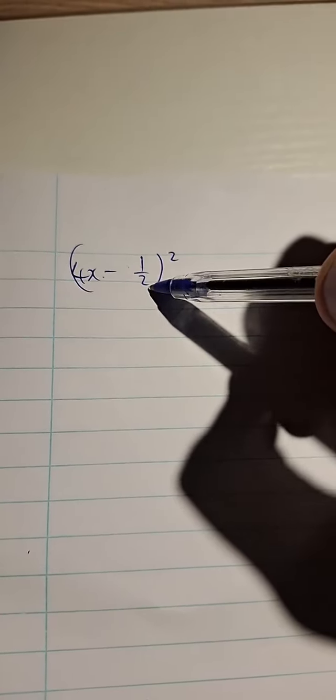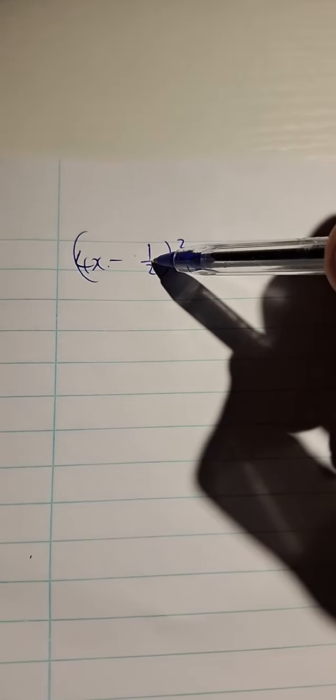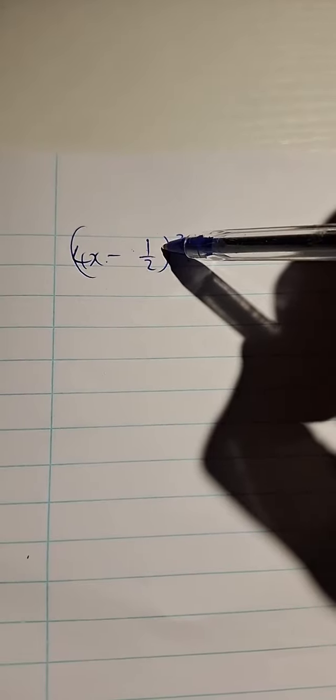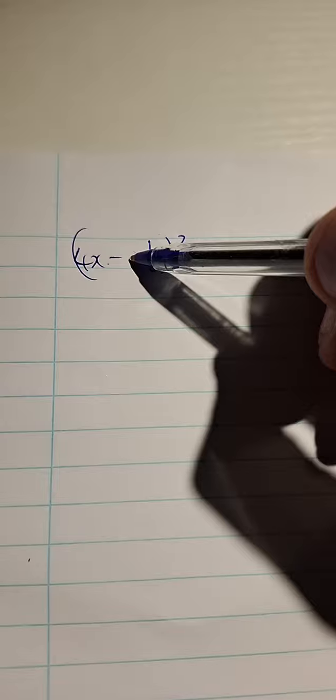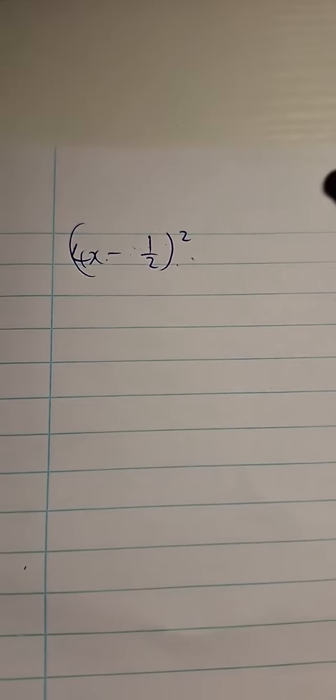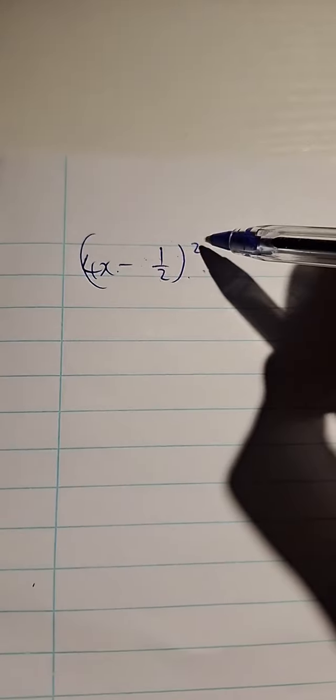So we have 4x minus 1 over 2. How many terms are inside the brackets? We have 2 terms inside the brackets, because the minus sign separates the 2 terms. That's the first thing. Secondly, what is this?